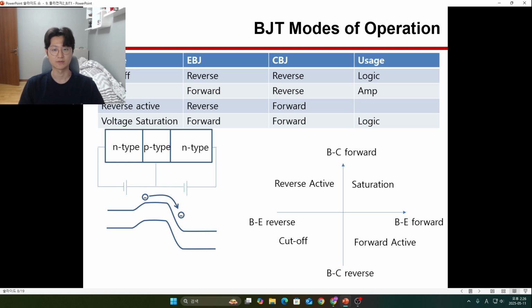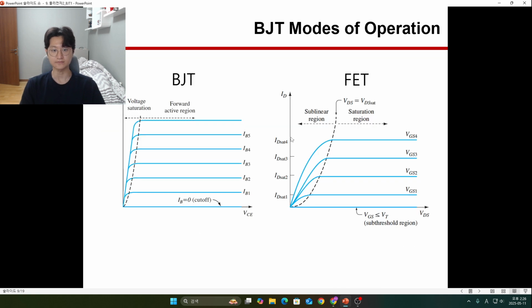For the other case, forward EBJ and reverse CBJ, we call this active mode. The reverse of this we usually don't use. And the final mode is forward voltage, saturation mode.